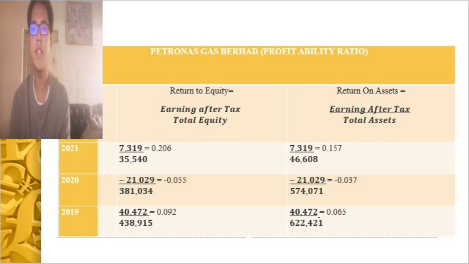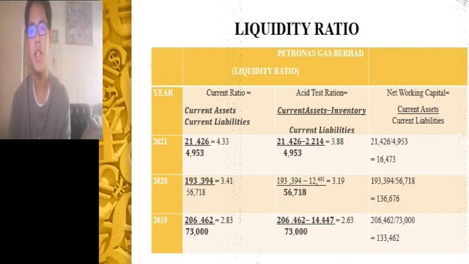However, return on asset in 2019 is 0.065 and in 2021 is 0.157. Other than that, for the liquidity ratio Petronas Gas Berhad also got the best ratio in 2021.